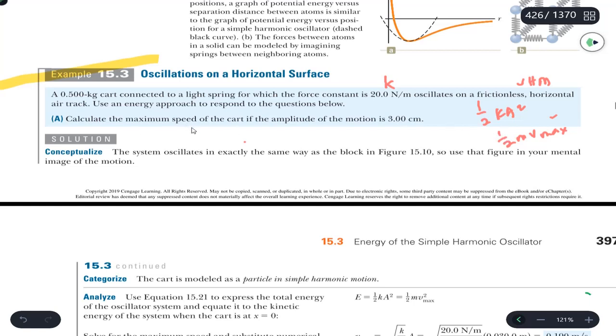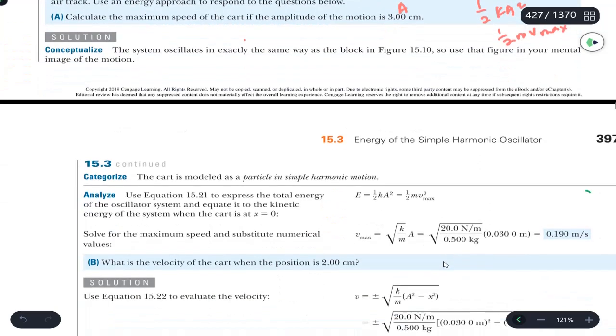The question is asking you to calculate the maximum speed when the amplitude is this much. So this is how you express the expression: when x is at the amplitude, then it will be the total energy. And when you substitute v as the maximum, again, this is as well equivalent to the total amount of energy.